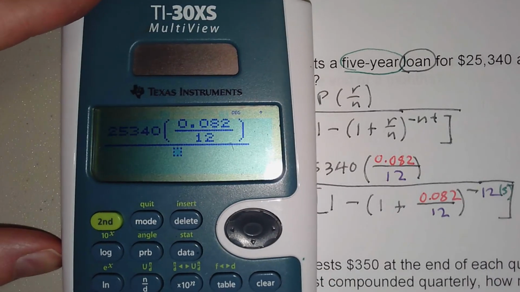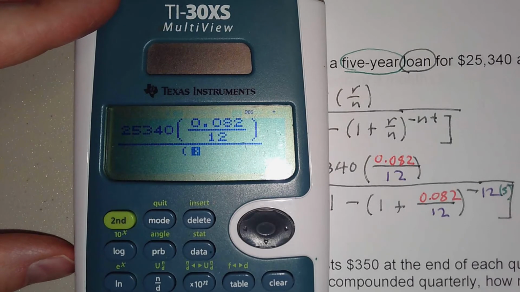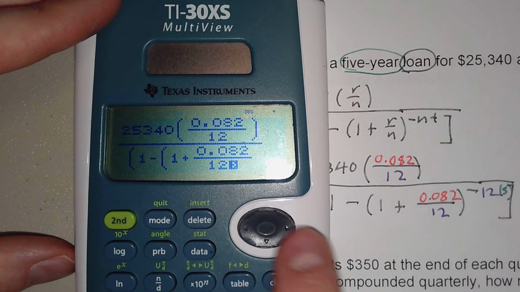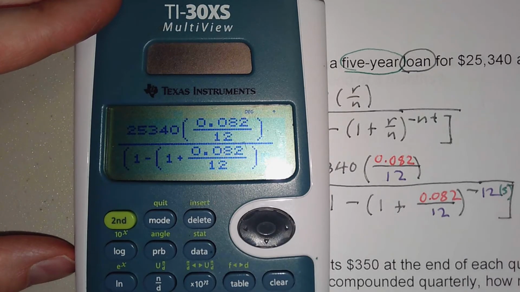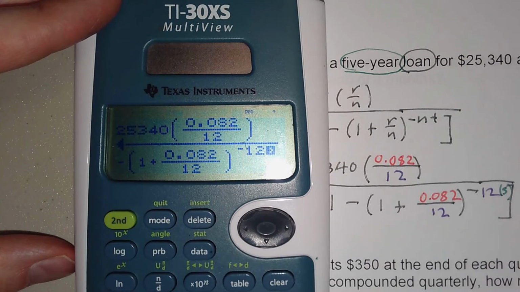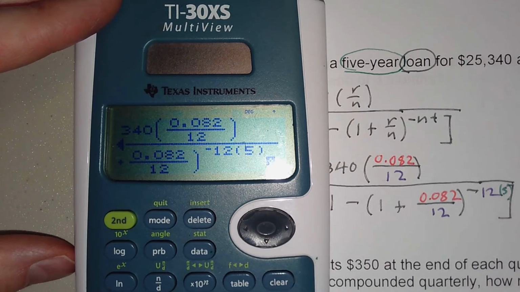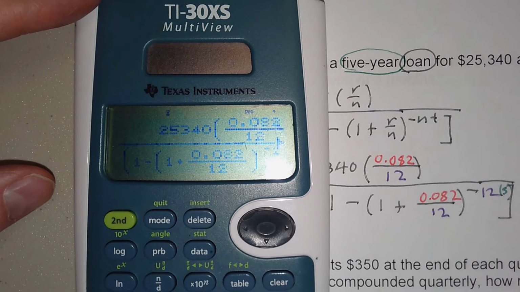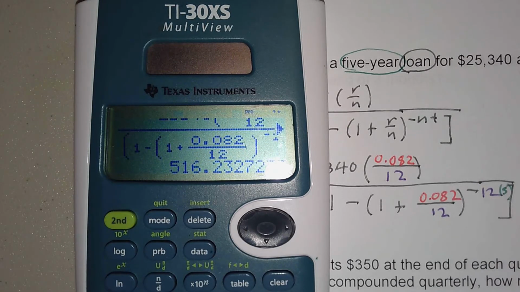And down here we're going to have parentheses 1 minus parentheses 1 plus fraction key 0.082 over 12, close parentheses, caret key, negative sign next to the enter key, 12, parentheses 5. Hit your right arrow and then close off the parentheses. So rounding that, that would be $516.23.